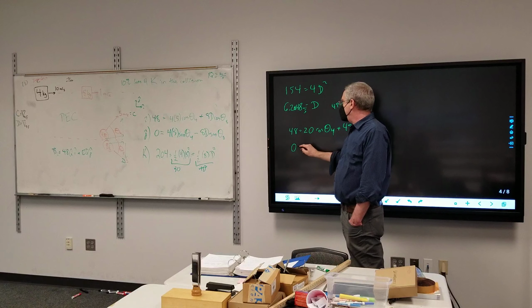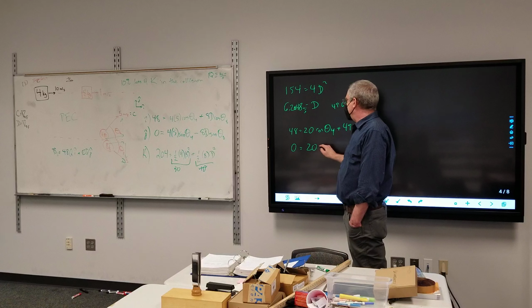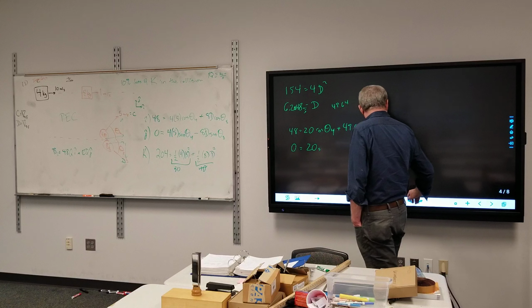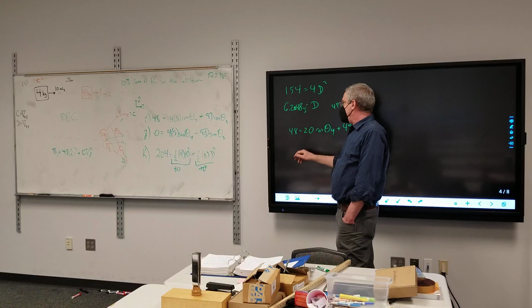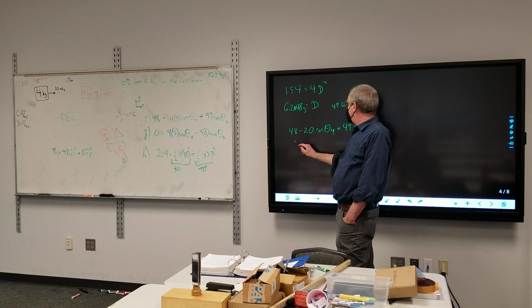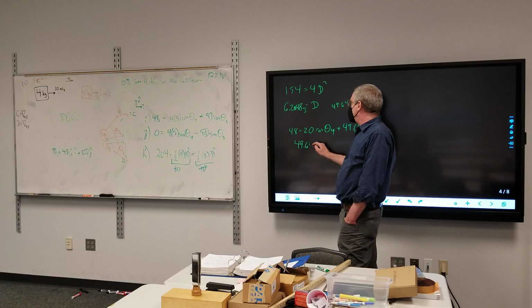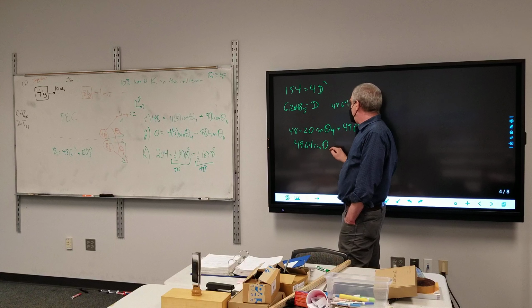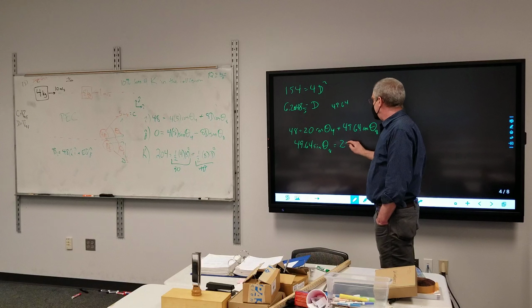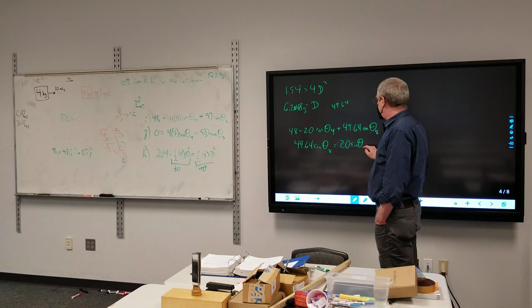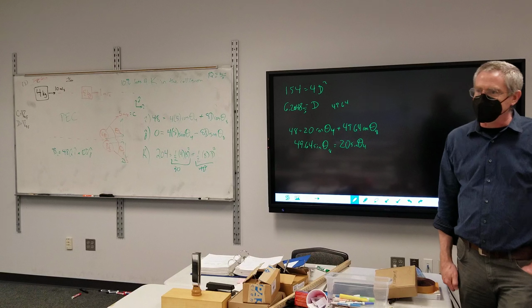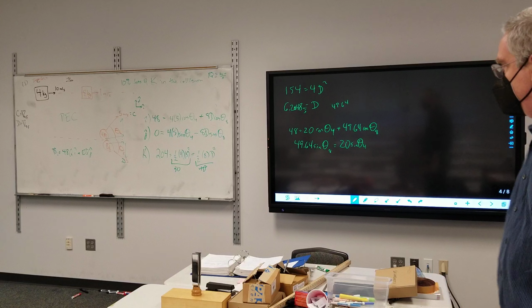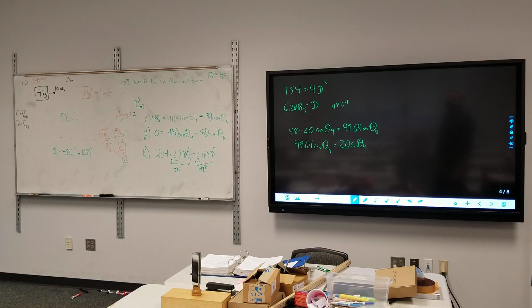And then 0 is equal to 20 sine theta 4 minus 8d sine theta 8. I'm going to go ahead and just take the 8d over, so we have 49.64 sine theta 8 is equal to 20 sine theta 4. Two equations, two unknowns. Now what?